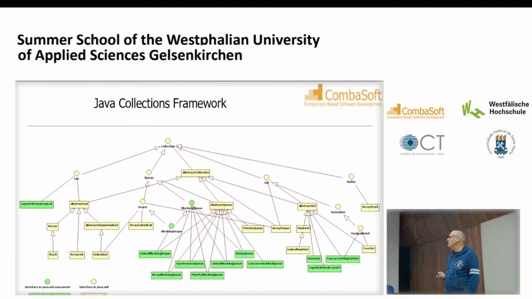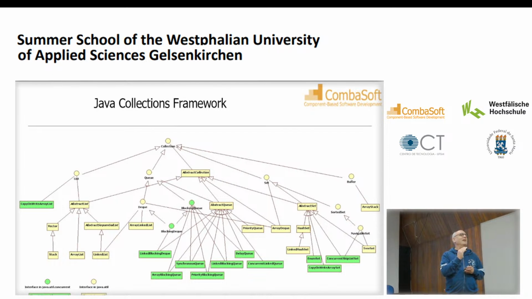Then you have real classes. Real classes don't have the word abstract, but that is not the point. You see the name is written differently, in what we call cursive.